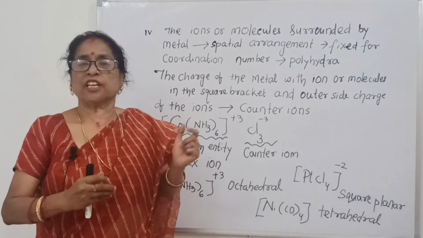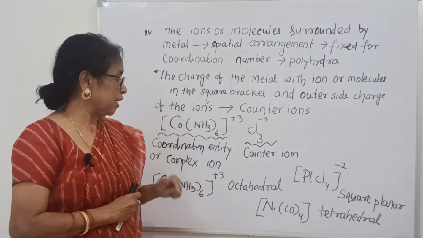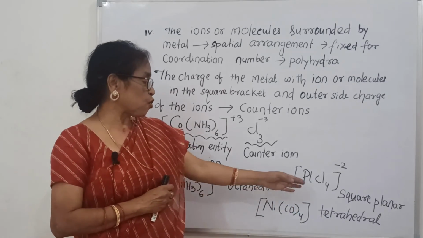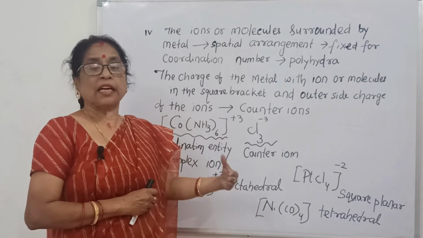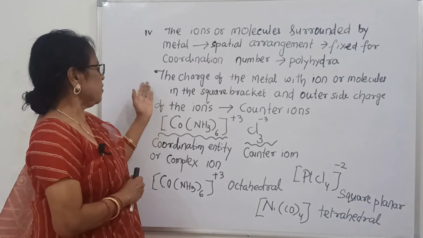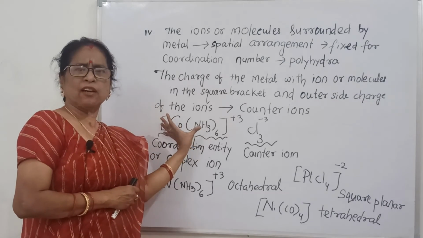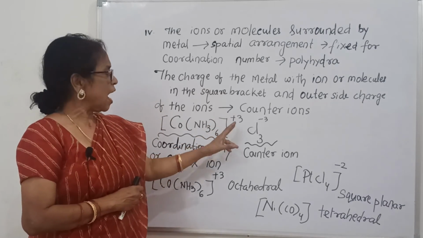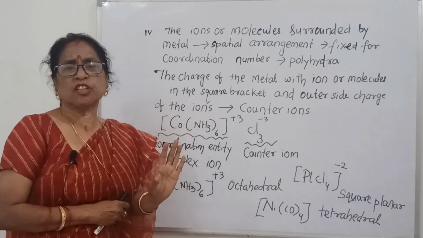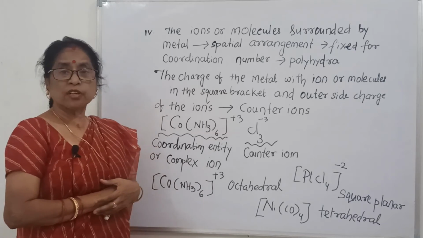You can see the structures here: octahedral, square planar and tetrahedral, and how and why will be clear later. Similarly, this complex ion having charge and this counter ion having charge should cancel each other, that is why they are called counter ions.